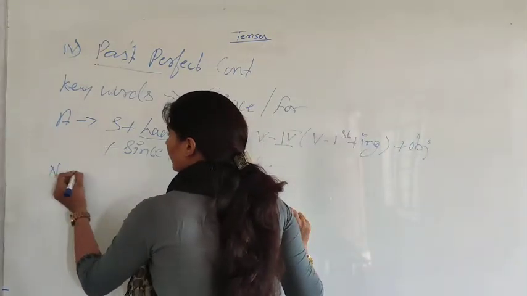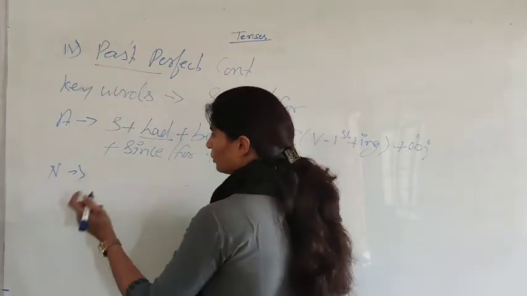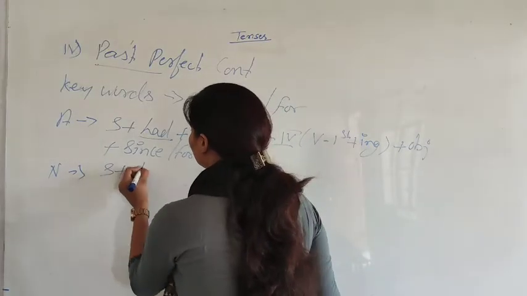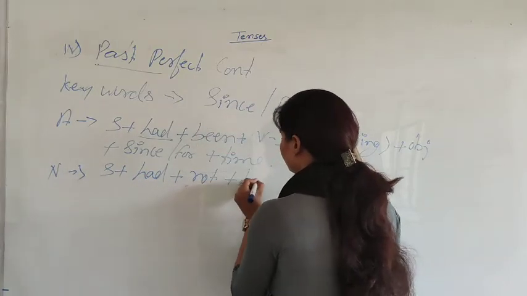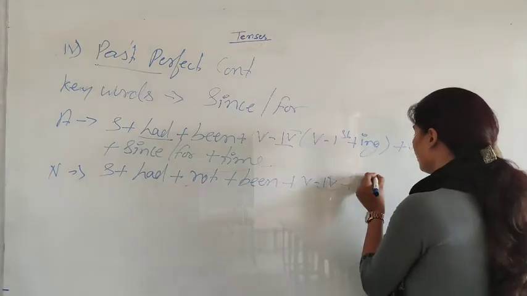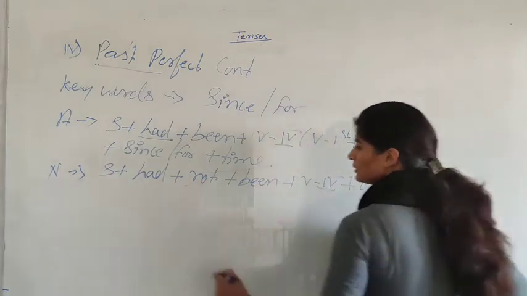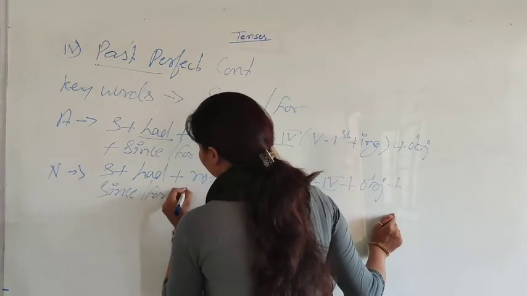See the negative one, what you have to do, you have to put the not after the helping verb, subject plus had plus not plus been plus verb fourth form plus object plus since, for plus time.